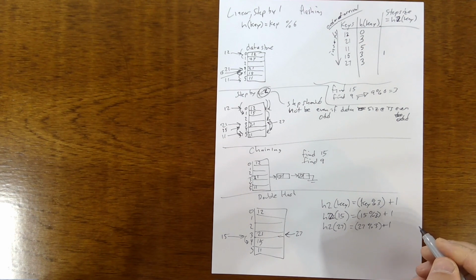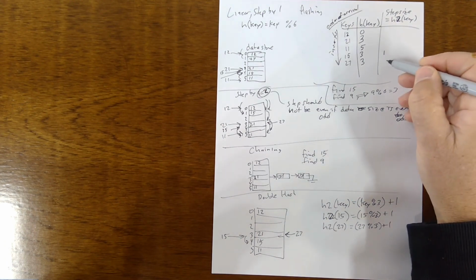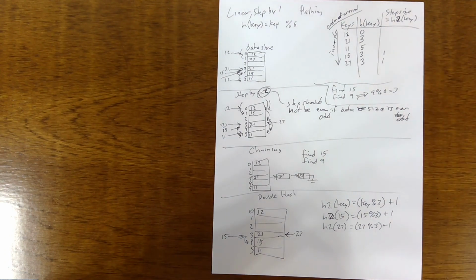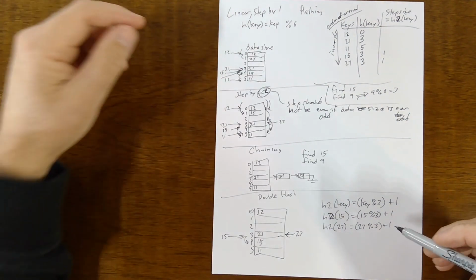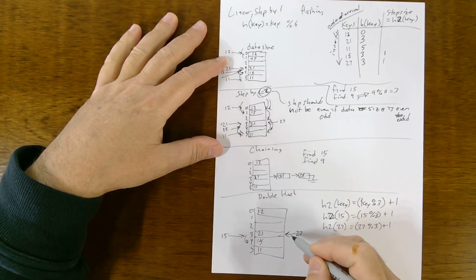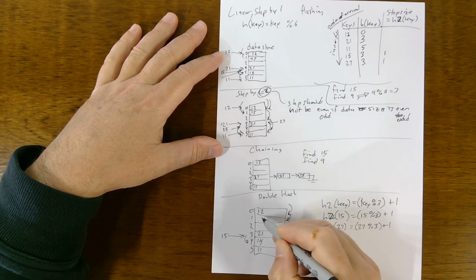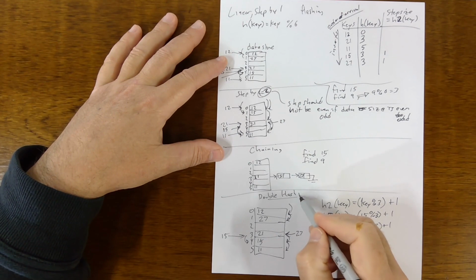That's 1, because 3 times 9 is 27. So 3 goes in 9 times with a remainder of 0, plus 1. So we step by 1, step by 1, step by 1, step by 1. We finally find a location to put 27. All right, so that's double hashing.